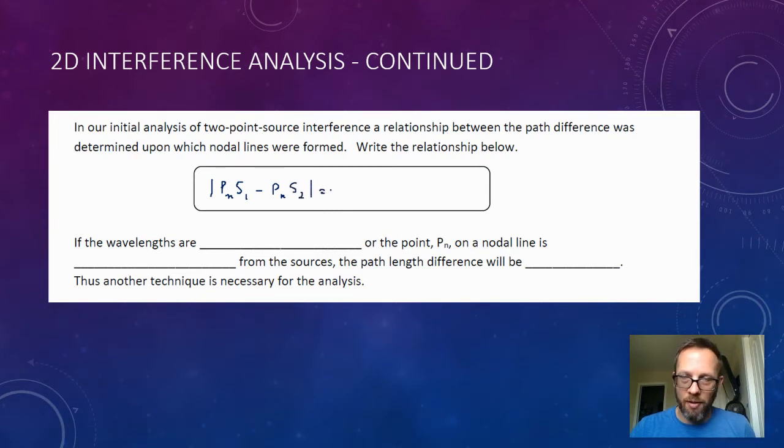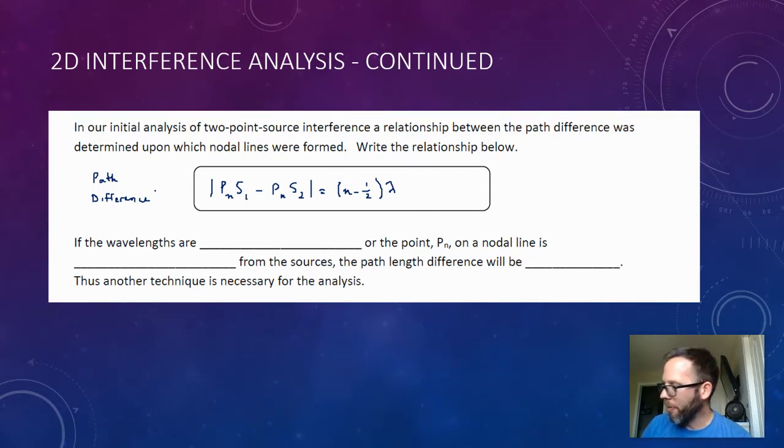It was always a multiple of the wavelength, and that multiple was the nodal number minus a half, times lambda. We developed that in our previous lesson and called this the path difference. Again, Pn was a point on the nodal line, S1 and S2 were our sources, and N was our nodal number, telling us which nodal line: 1, 2, etc.